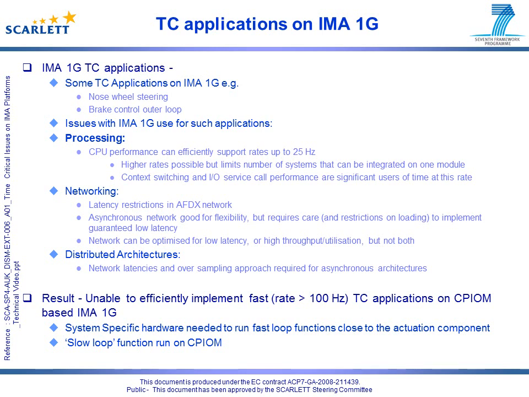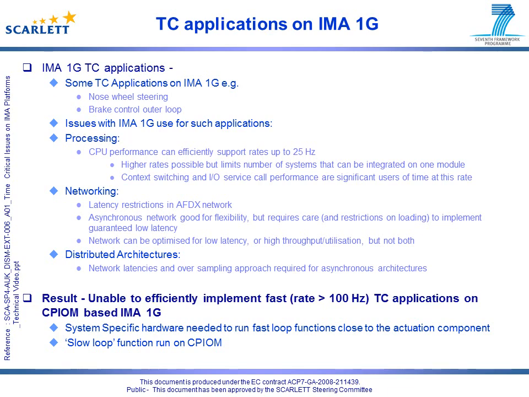The AFDX network was optimized for high loading utilization, not low latency. Rapid I/O conversion using RDCs and AFDX was not possible. Implementing distributed architectures may require oversampling to reduce the impact of network latencies. As a result, IMA1G was unable to efficiently host fast TC applications.